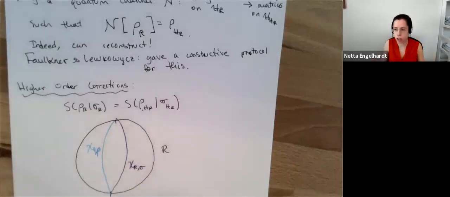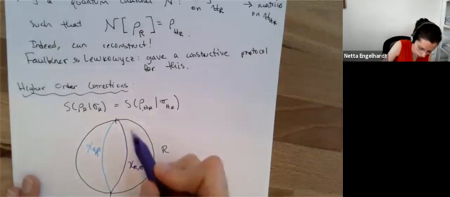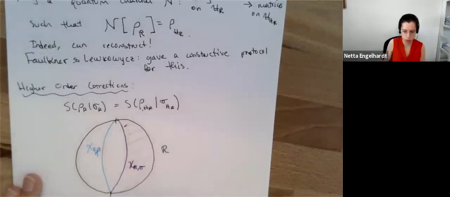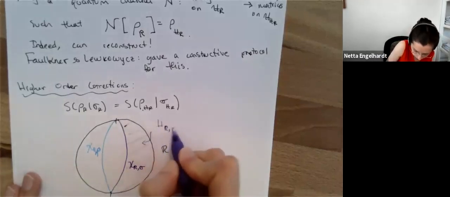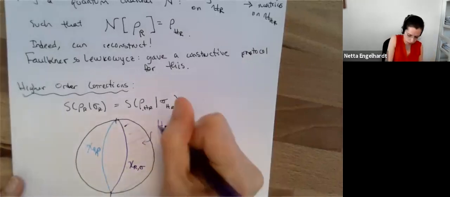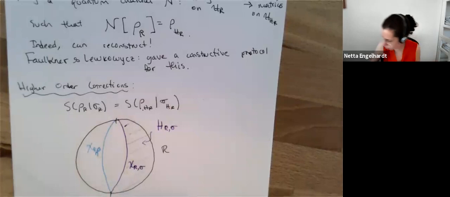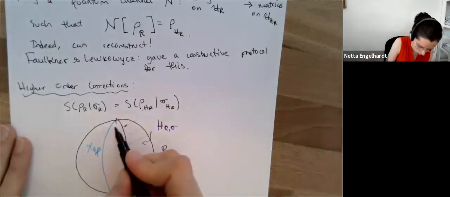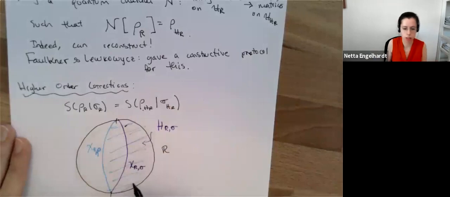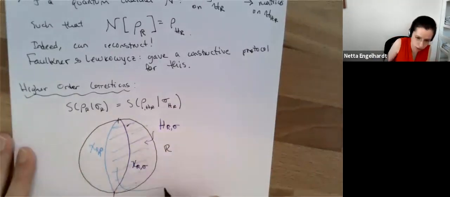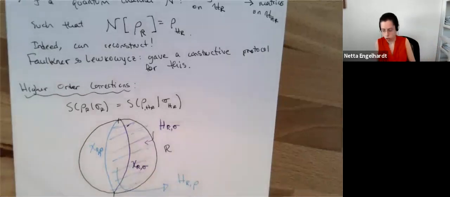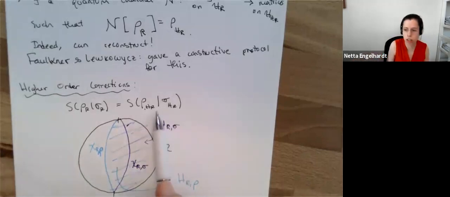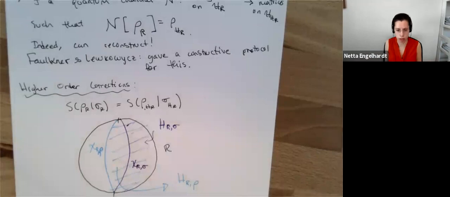Now we have two different homology hypersurfaces. We have this purple one, and I will call this one H_R,sigma. And we have this homology hypersurface, and I'll call this one H_R,rho.